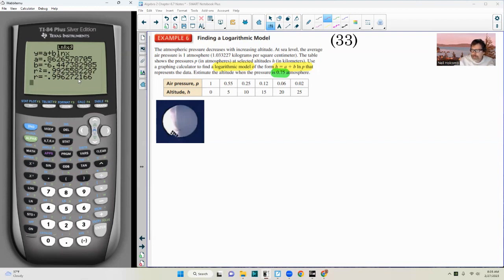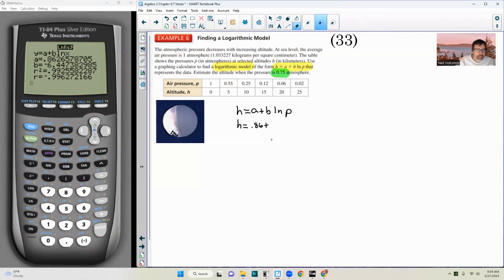So I'm going to write that. So let me get my pen. And I want H equals A plus B times the natural log of P. So it's going to become H equals, A is 0.8626, so that's going to round to 0.86. So how about just putting 0.86 plus my B?